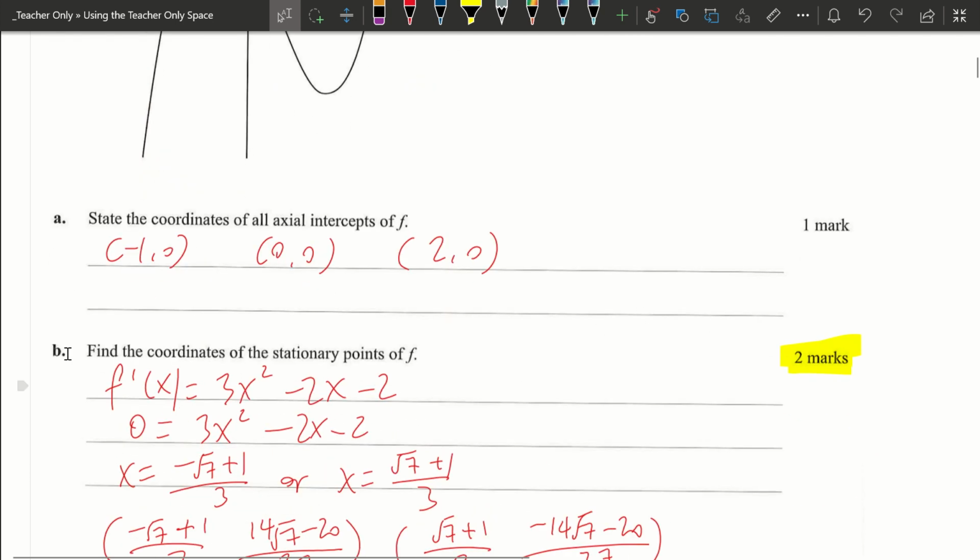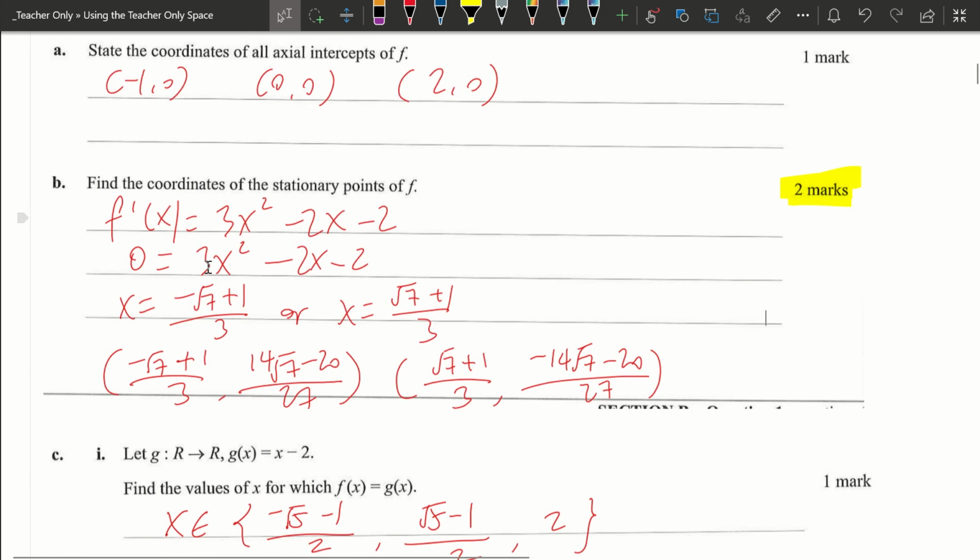So I wrote down the derivative and substituted 0 for the derivative, and solved for x. It says coordinates, which means you need both the x and y. You need brackets, and you need the x value and the y value, right? So you need not just the x value, you need brackets and a pair of numbers, which are your x value and y value.